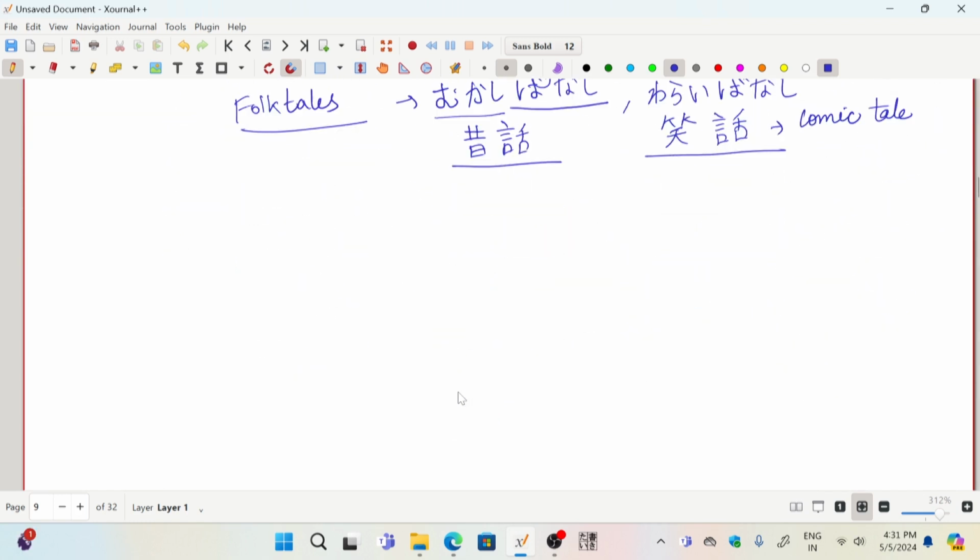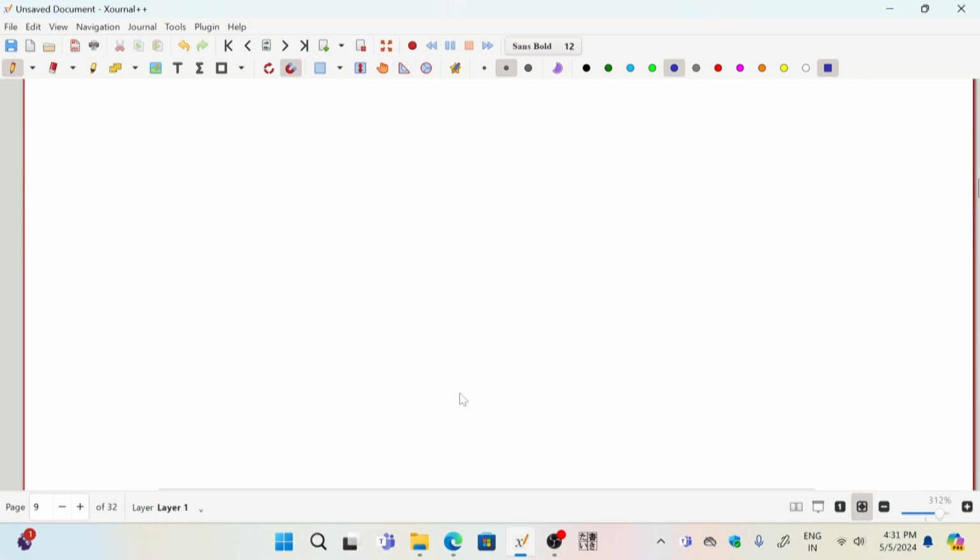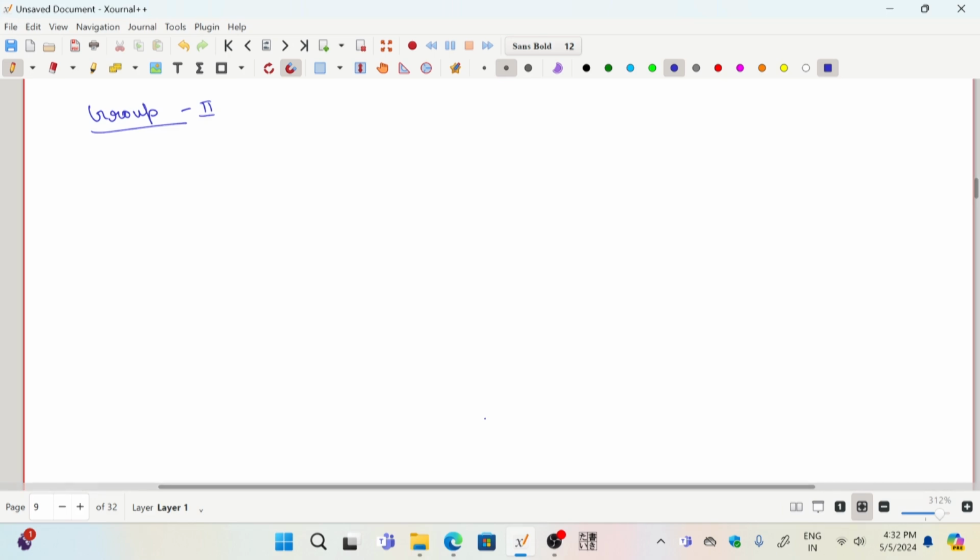Now let's start where we left in the last class. In the last class we were doing the potential form of the verbs. So we did it with the third group of the verb, shimasu and kimasu. Shimasu changes into dekimasu and kimasu changes into koraremasu. So let's do it with the second group today. Potential form.